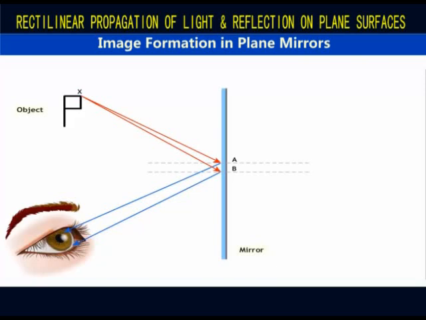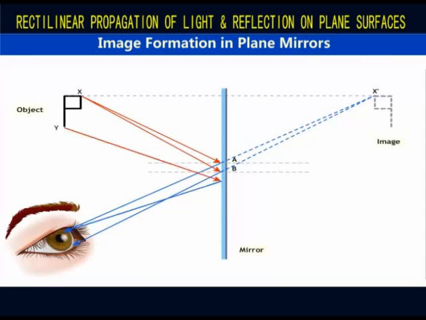The two reflected rays from A and B are divergent. When extended beyond the mirror, these rays meet at X'. Therefore, the image of point X on the object is formed at X'. Consider one more point Y on the object.